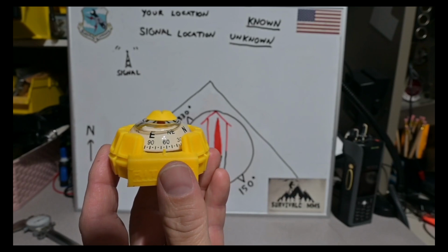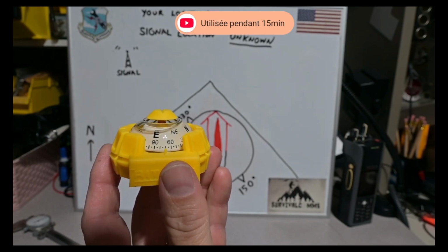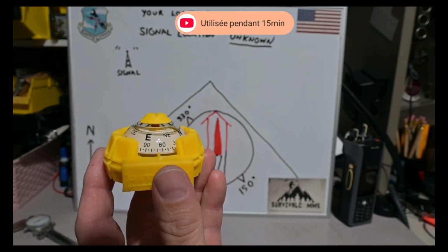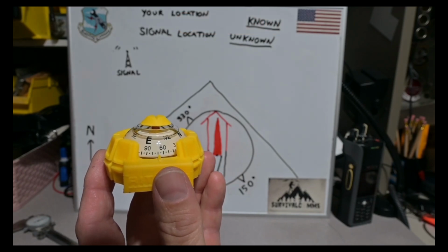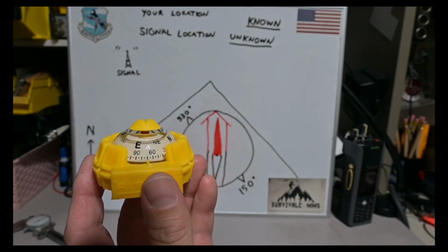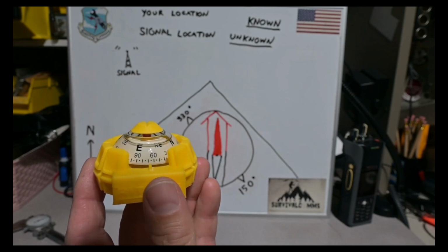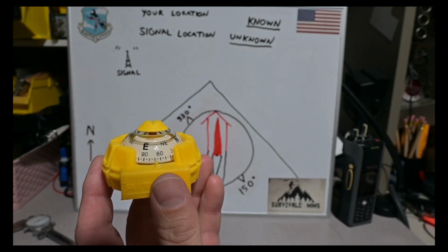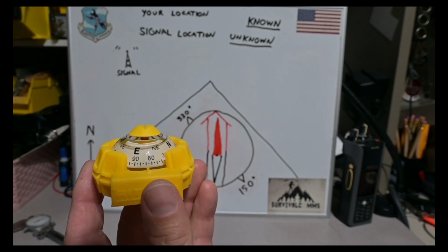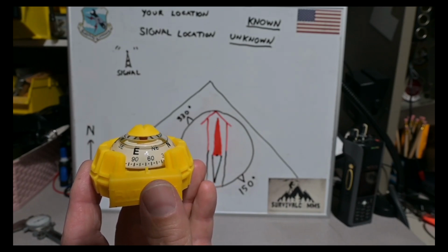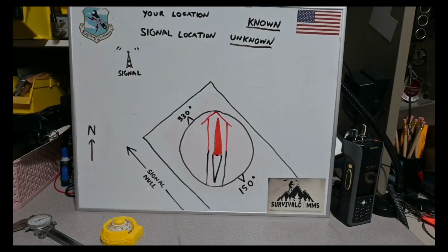What we would end up having to do is, if the bearing observed was greater than 180 degrees, we would subtract 180 degrees to get our back bearing. And if our forward observed bearing, like in this example here, was less than 180, we would add 180 degrees to it to establish our back bearing. And to follow this radio bearing, proceed forward on the bearing, keeping your needle boxed and keeping the signal nulled.